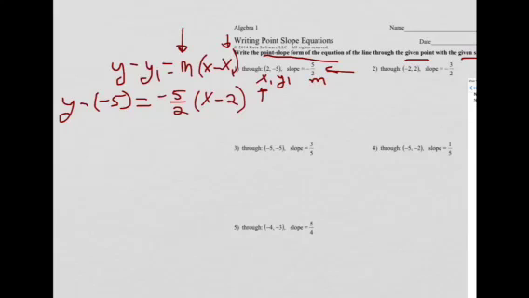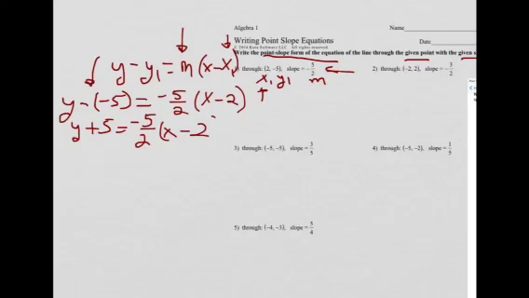Now it said write the point-slope form of the equation, so we're done. We wrote it in point-slope form. You may want to simplify it just a bit by cleaning up this double sign, and you could rewrite it as y plus 5 equals negative 5 halves times x minus 2.